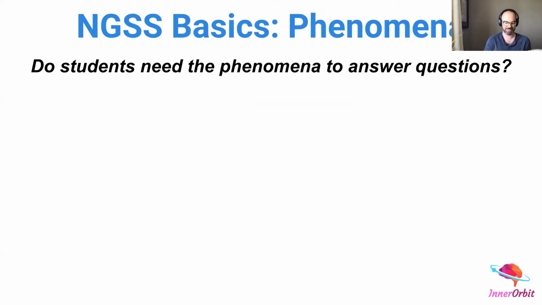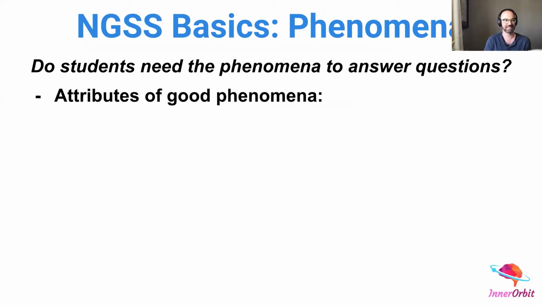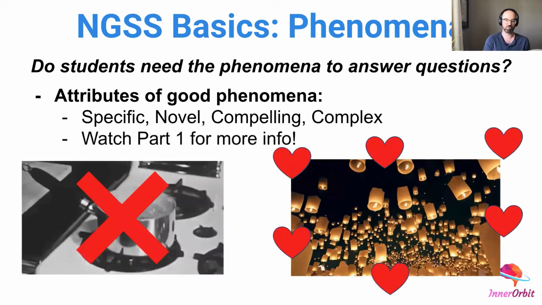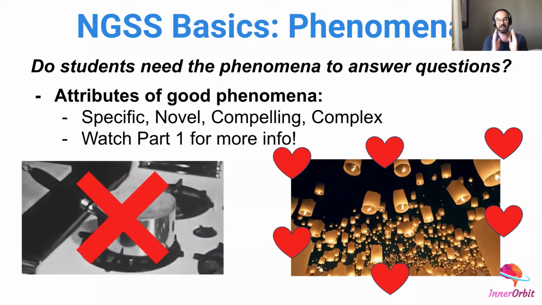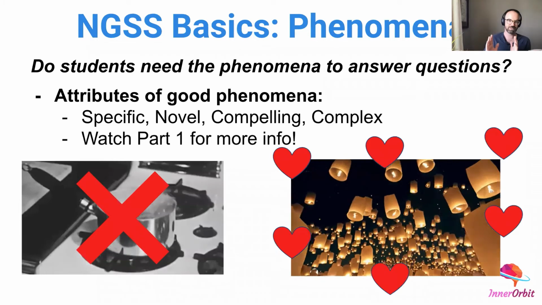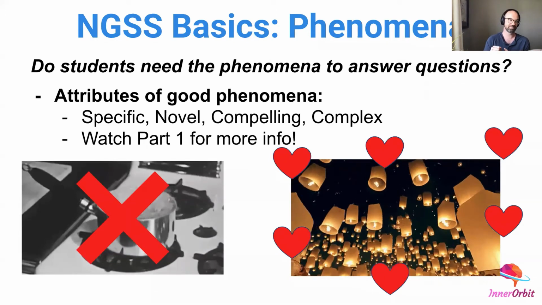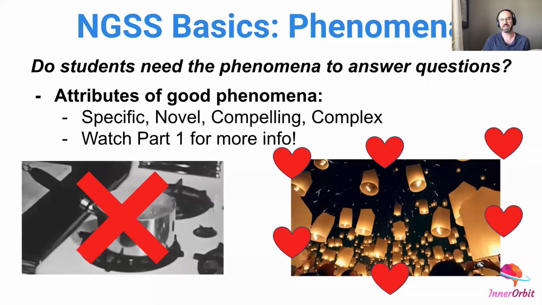And if the answer is yes, then you're on the right track. Some attributes of a good phenomena are that it's specific, novel, compelling, complex. It should be something students have never seen before, and it's complex enough to require some sense making, yet it's also aligned to the content that y'all have covered.